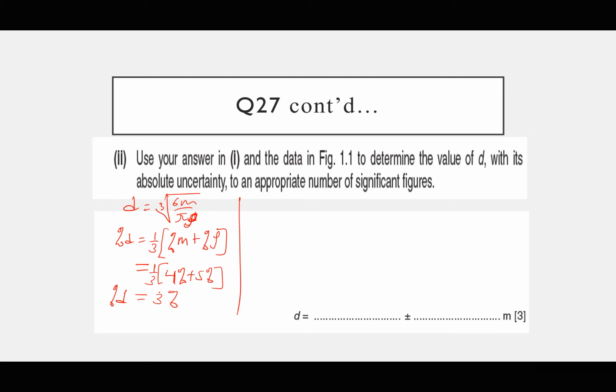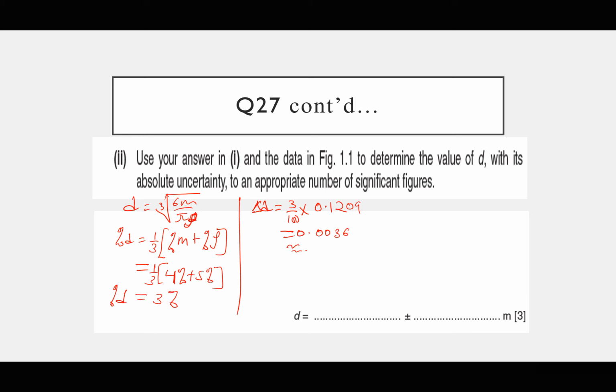We want absolute. So the absolute uncertainty in D is going to be equal to 3 divided by 100 times the true value of D. The true value of D is still on my calculator, it is 0.1209. So that times 3 divided by 100 is giving us 0.0036.